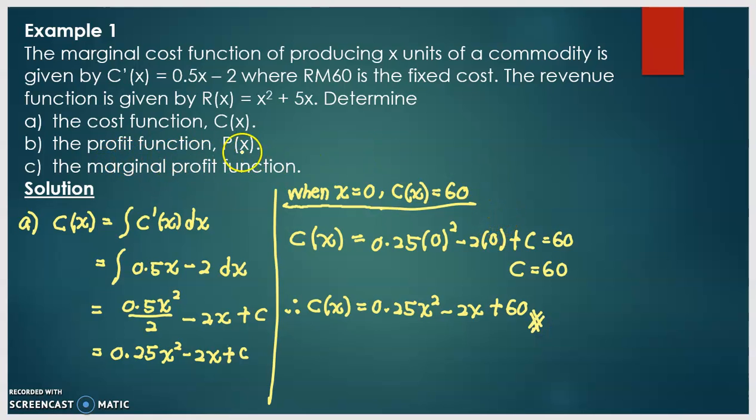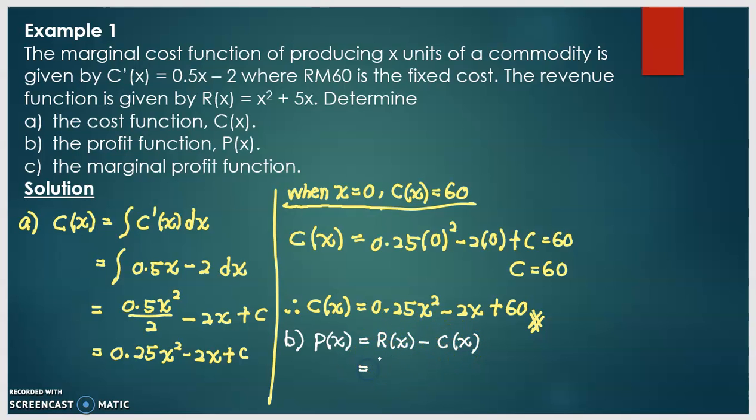Next, I try to find the profit function. For question B, let's say I use white color. In order to find the profit function, what I have to do is use the revenue function minus the cost function. So profit will be revenue minus cost.